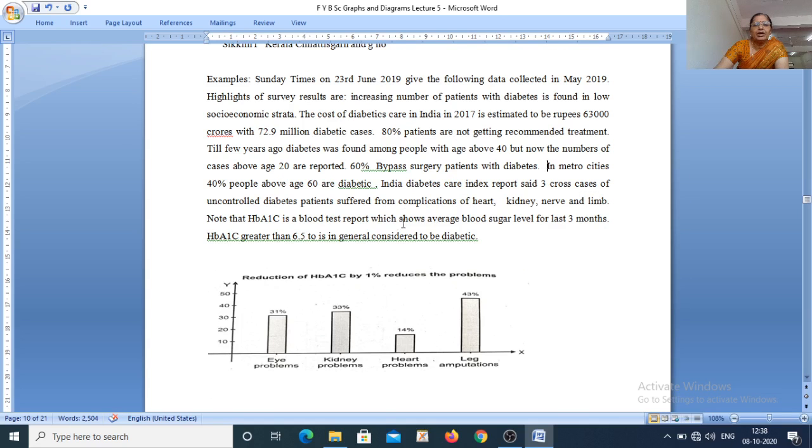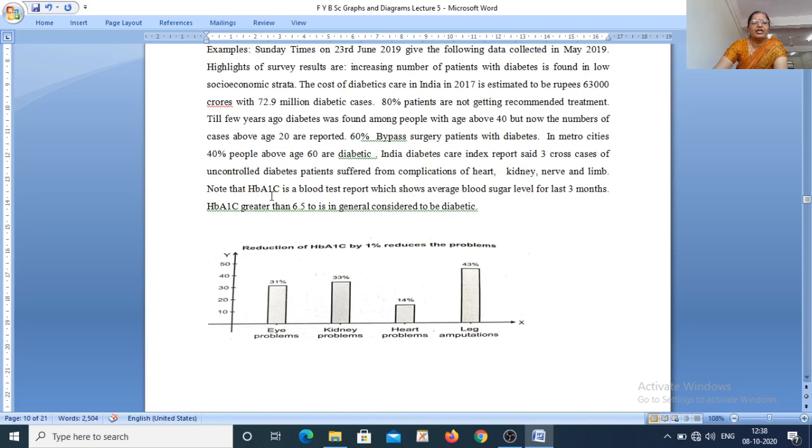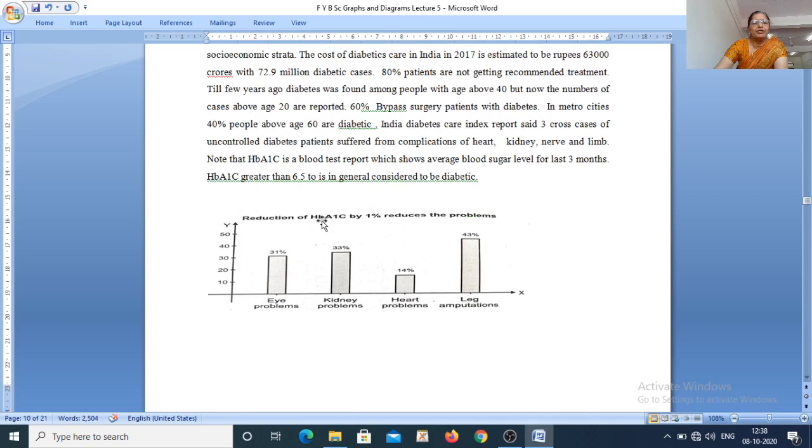Here it is also given that in India, the Diabetic Care Index report said 3 crore cases of uncontrolled diabetes patients suffer from complications of heart, kidney, nerve and limb. Now this is again a medical term, you search for it. HbA1c is a blood test report which shows the average blood sugar level for the last 3 months in your blood.